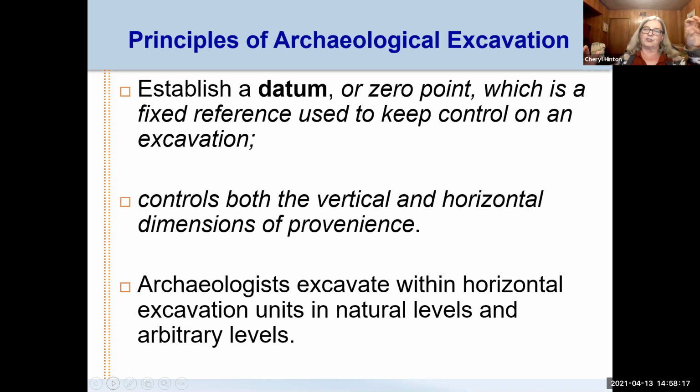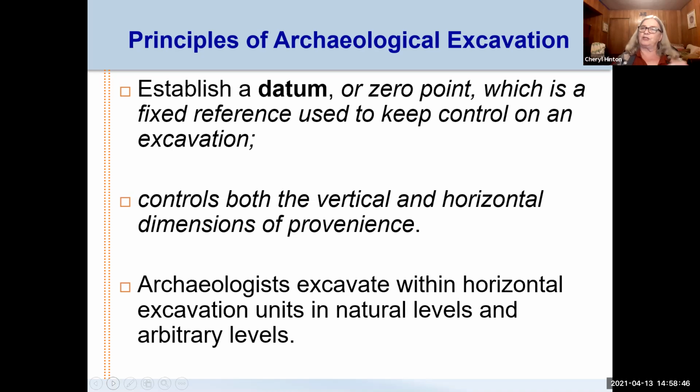And in certain places, they would establish a datum point. If you remember from last chapter, you can look at it in a GIS system, or on the Mercator system, or on the longitude and latitude lines on a map, where your datum point is.